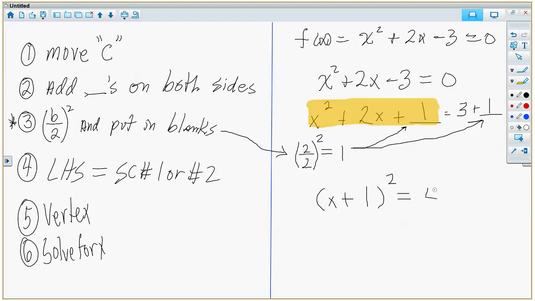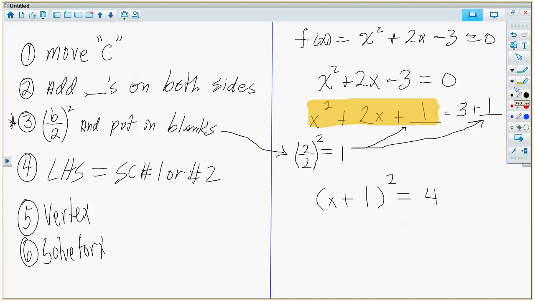A times x plus h, quantity squared, plus k. Bring that over, it'd be minus 4. But at this point, I want to show you an easier way to find the vertex.